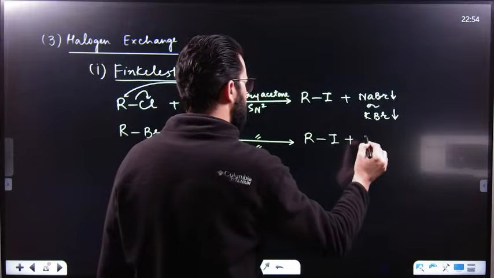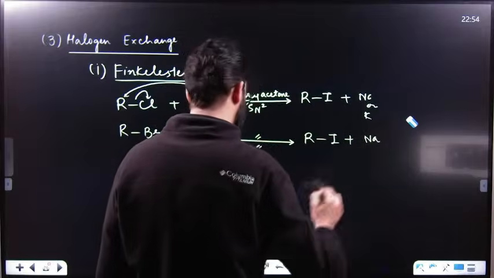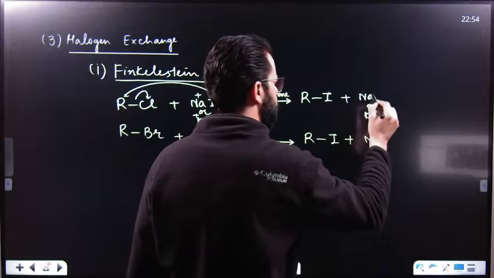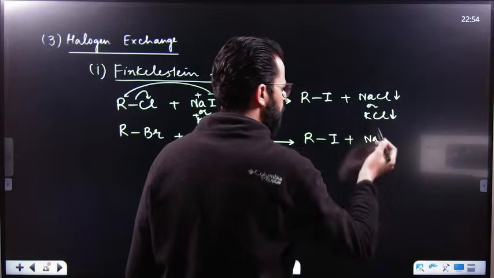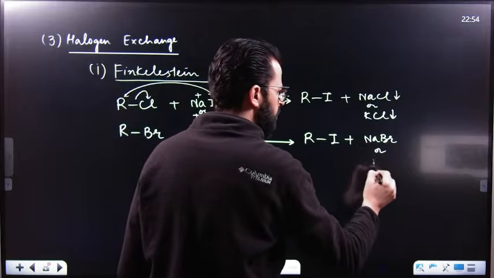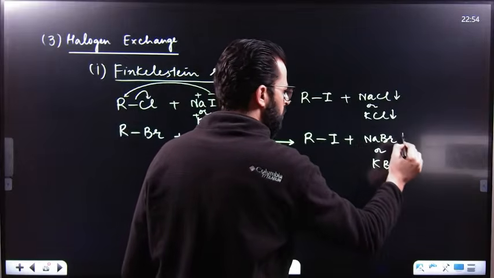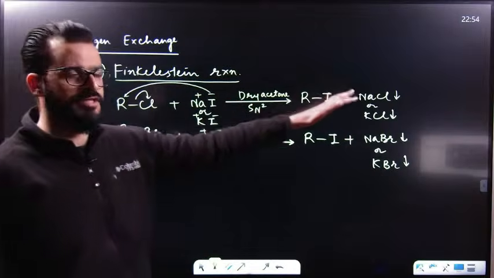Similarly, NaCl and KCl will form, and these will separate out as a precipitate. NaBr or KBr, NaCl or KCl are insoluble in dry acetone, so they will separate out.